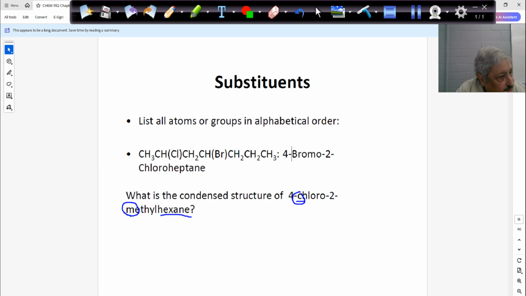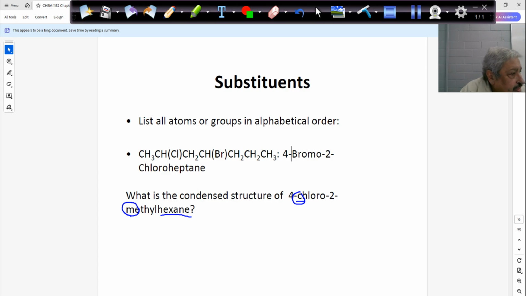After you have determined the longest chain, and determined the alphabetical priority of the substituents, then you have to combine the numbering. Which of the two possibilities, reading from left to right or right to left, will yield the lowest numbering?